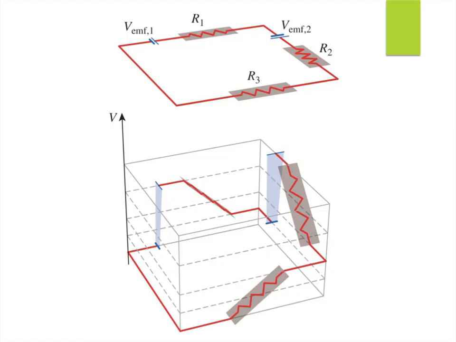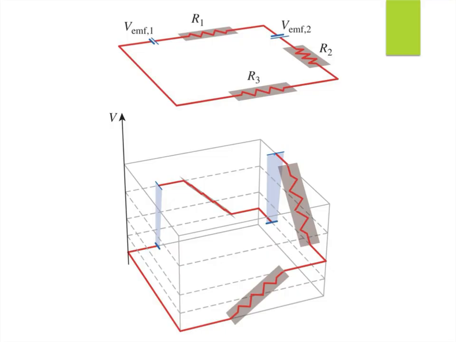Here's one of those pictures that I like. It's showing the sum of potential rises and losses as I go around a loop using Kirchhoff's rules. And it even allows me to draw this picture when I have more than one battery, because it still is going to end up bringing me back to where I started.